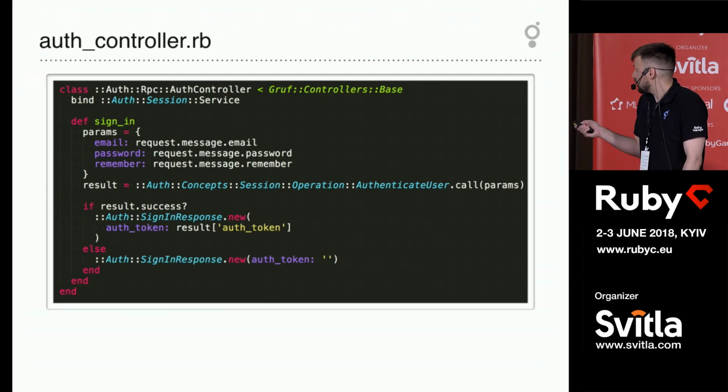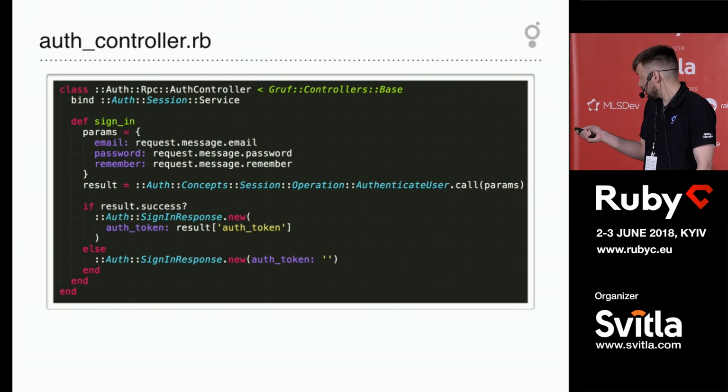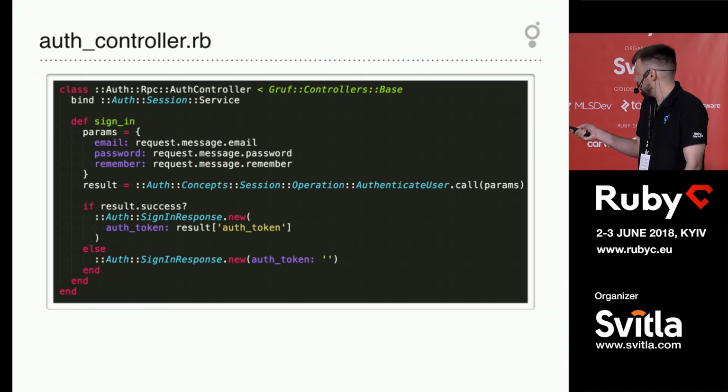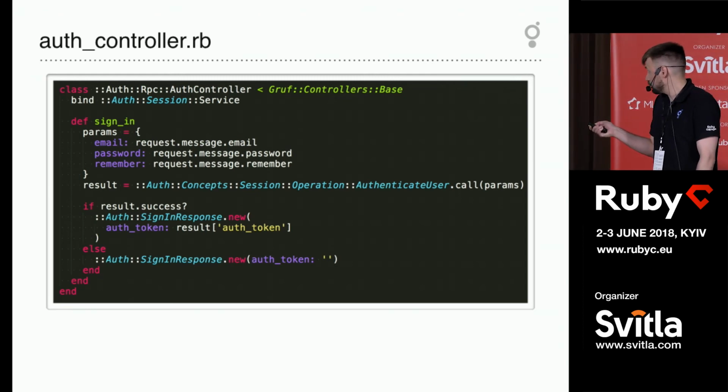And yeah, this is how the authentication controller looks. So we just have data by this protocol, and we just prepare params and address these params to our already prepared operation. So in our case, just authenticate a user.